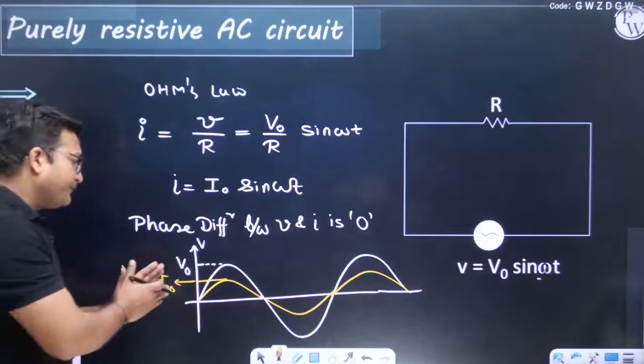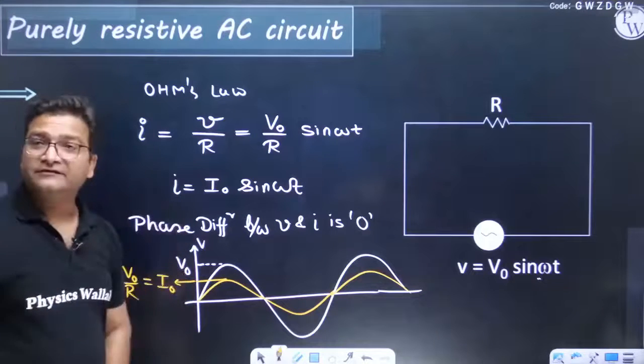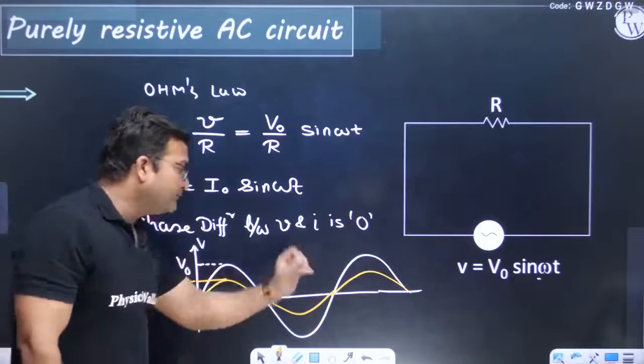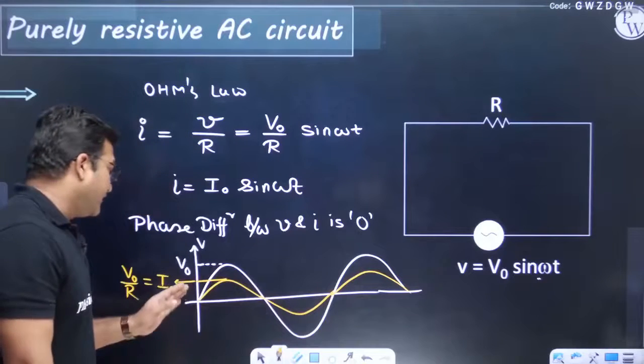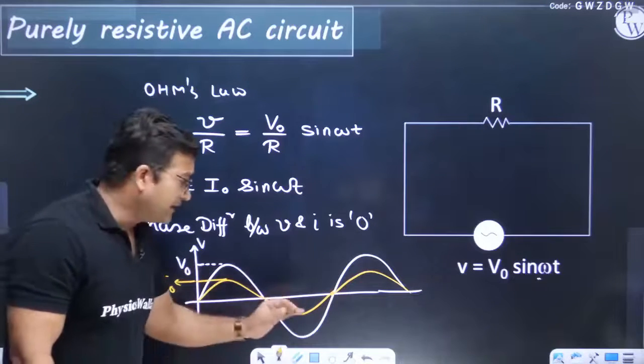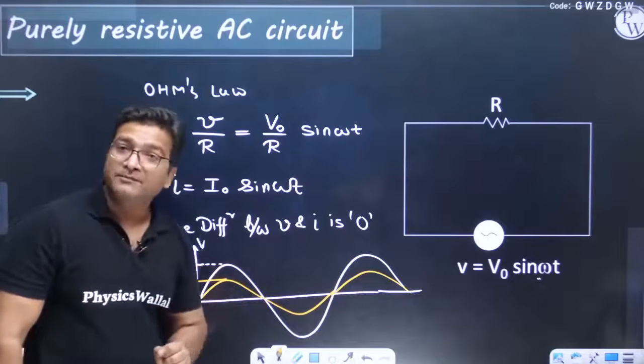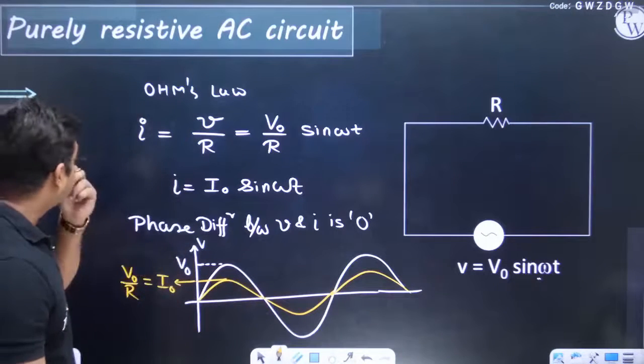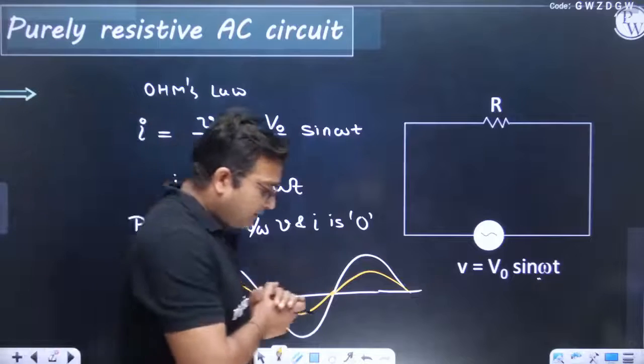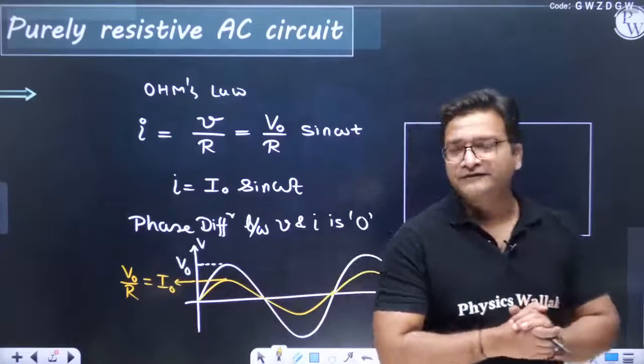As the phase difference is 0, both follow the same waveform. They are both positive together, negative together, and 0 together. They are both maximum together and minimum together. That is the meaning of phase difference.